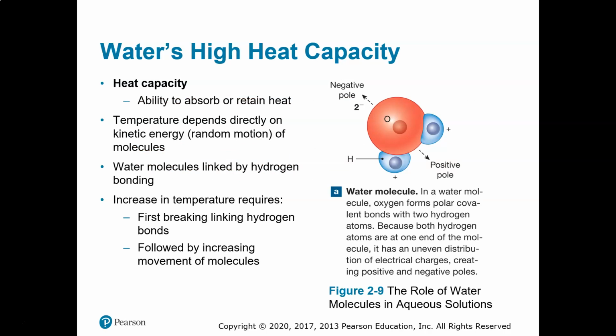Water's high heat capacity means that it has a high ability to absorb or retain heat, and that characteristic enables us to maintain a fairly constant body temperature. Temperature depends directly on the kinetic energy, or the random energy, of molecules.